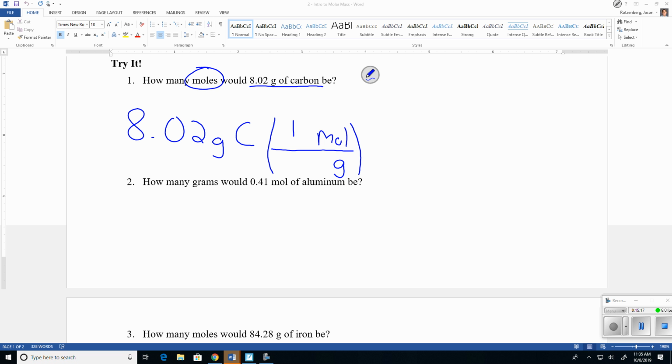Every element, however, is unique in their size. Different numbers of protons and neutrons. After all, different amount of space for a mole of carbon versus a mole of aluminum. That's where we look on the periodic table. And if you look on the periodic table, above the C, it gives you the number of grams per mole, the molar mass of 12.01.